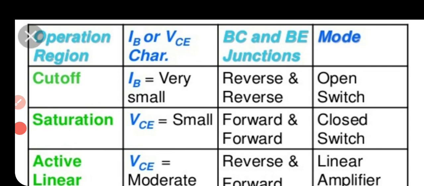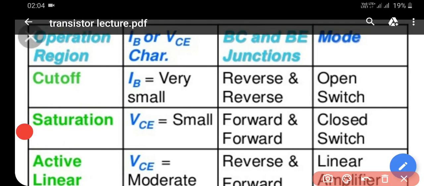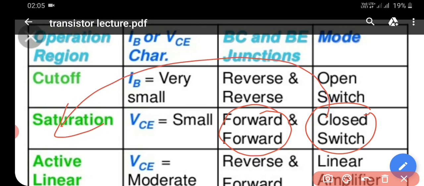Transistor works as a switch and amplifier. Transistor works as an open switch and closed switch in two different regions. When both base collector and base emitter junctions are reverse bias, the transistor works as an open switch. When both junctions are forward bias, the transistor works as a closed switch and this region is called the saturation region.